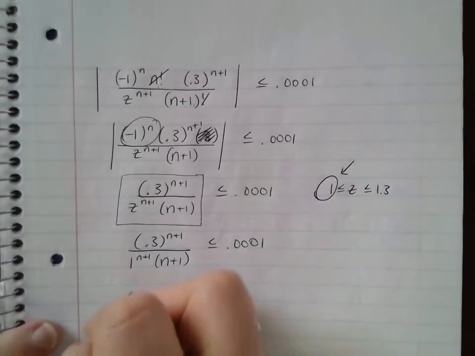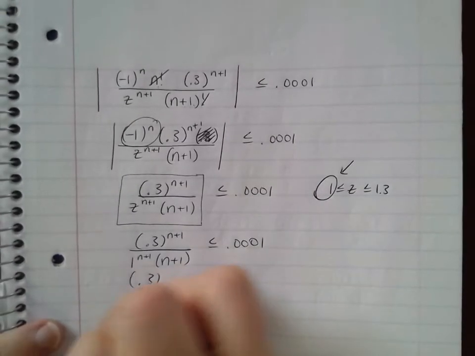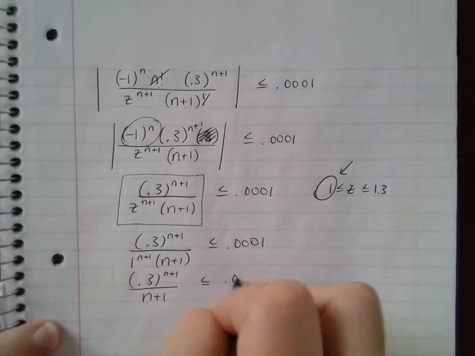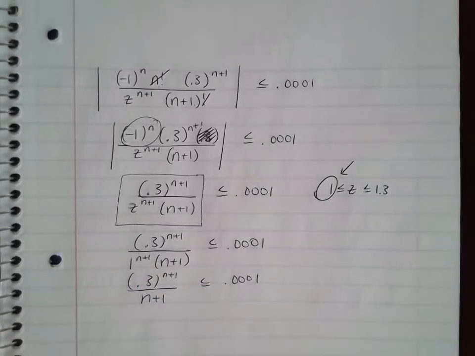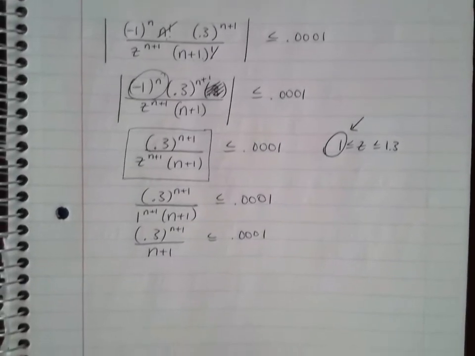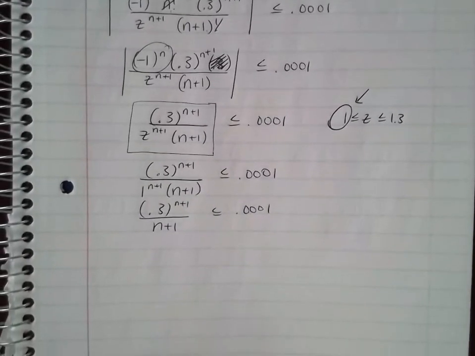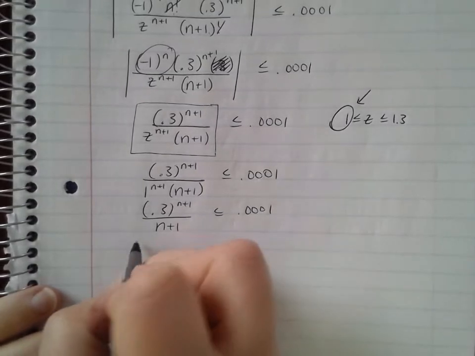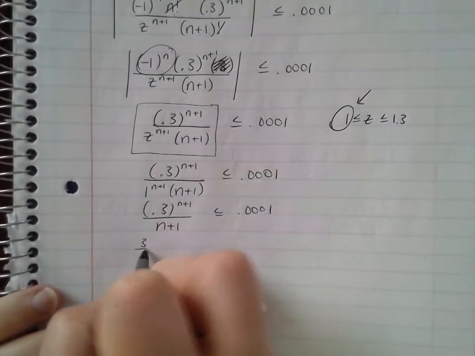And we know that 1 to a power is still going to be 1. At this point, the rest of what I'm going to be doing is just basic rules of algebra and some manipulation of fractions and stuff. I see 0.3 as being 3/10.